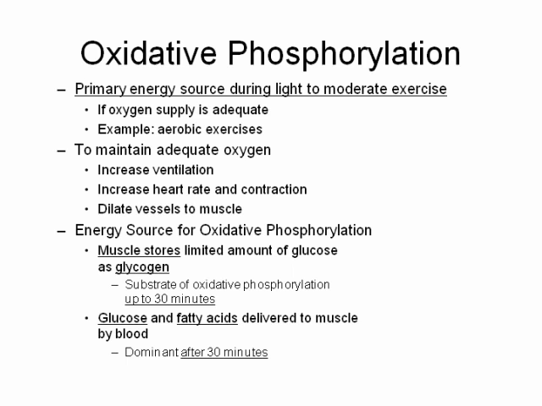Oxidative phosphorylation is the primary energy source during light to moderate exercise. It can only occur if oxygen is adequate, because it is an oxidative process. So aerobic exercises are all examples of oxidative phosphorylation. To maintain adequate oxygenation, we of course have to have an increase in ventilation, which means a healthy pulmonary system.